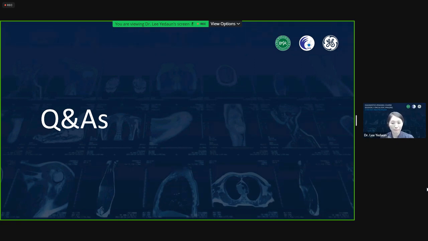And last question, what do you think about the dual energy CT scanner for HCC? Do you mean the vendor? Dual energy CT scanner? Dual energy. Energy? Oh, yeah, energy. We usually use 100 kV.